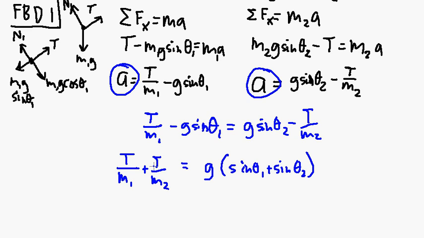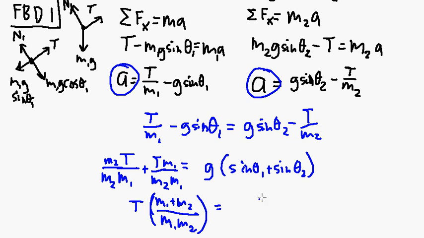To make it pretty, we multiply this fraction by M2 on top and bottom, and this one by M1 top and bottom. Then we can add these up and factor that out: T times M1 plus M2 over M1 M2 equals G times sine theta 1 plus sine theta 2.